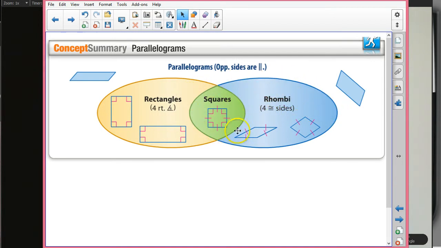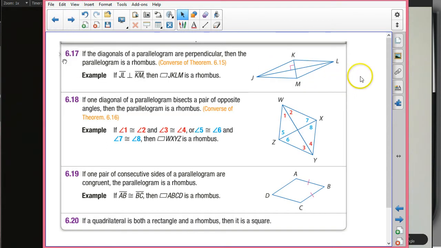And then they basically kind of get married and have a kid, and it turns into the square. So it's kind of a weird way to describe it, but that's basically what happens. Okay. And after we work through and solve problems and homework with the rhombus and the square, the book presents basically four extra theorems for us for how to prove that you have a rhombus or a square.